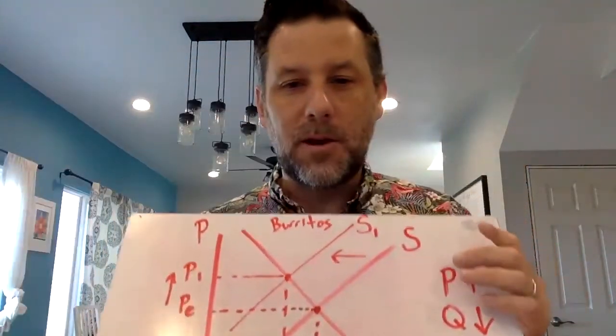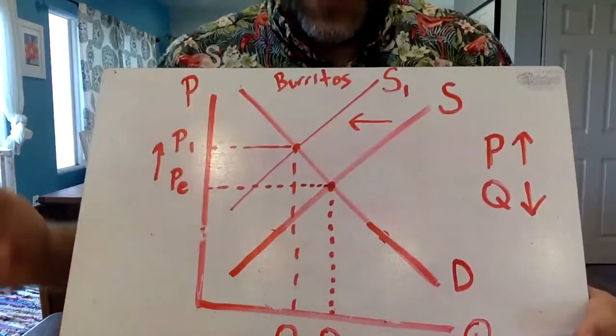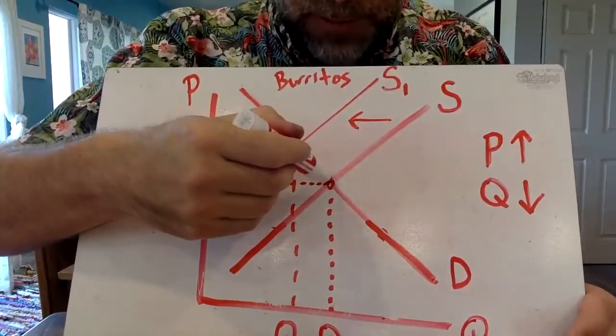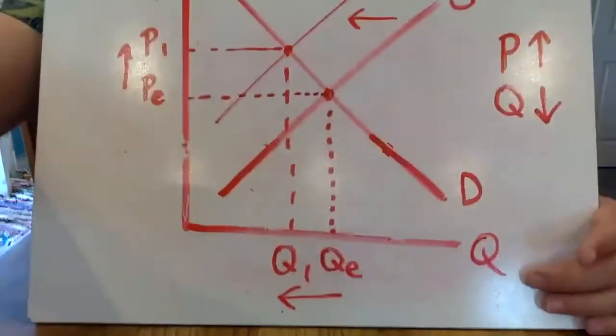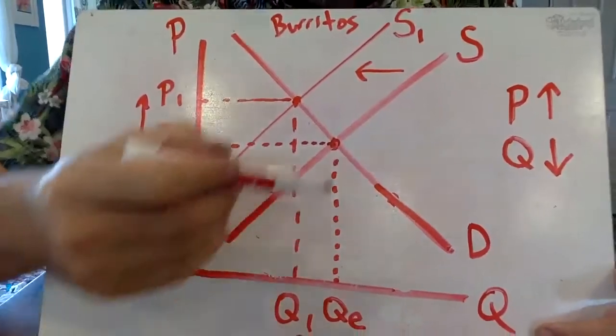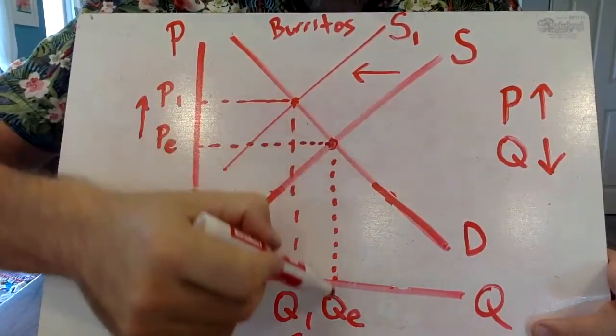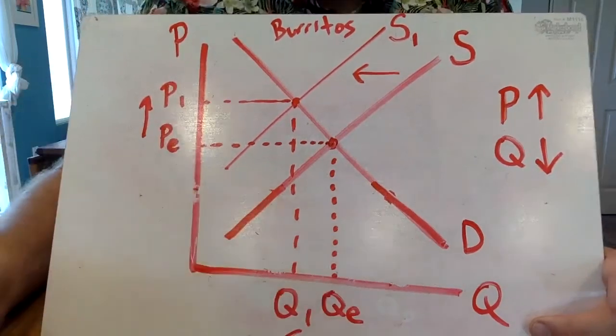So what happened here? Chain of events, right? We were at our original equilibrium. This right here is my original quantity supplied and quantity demanded.